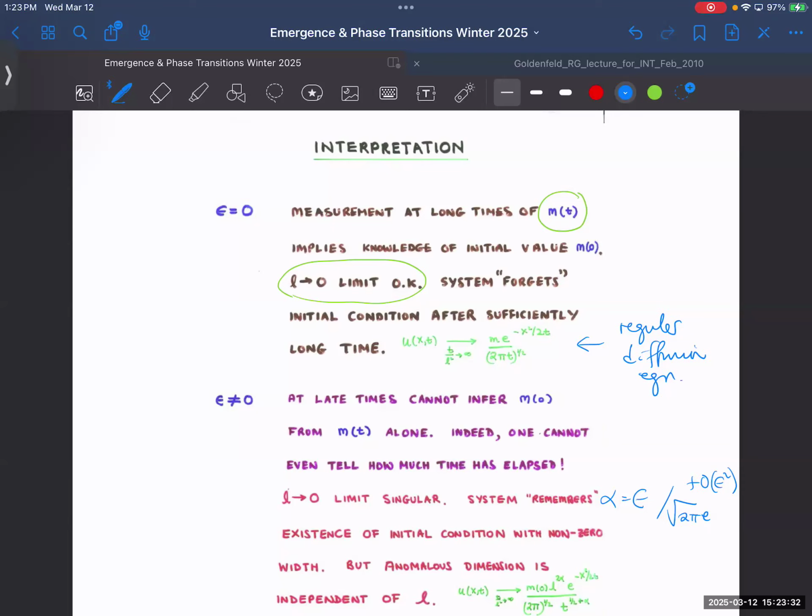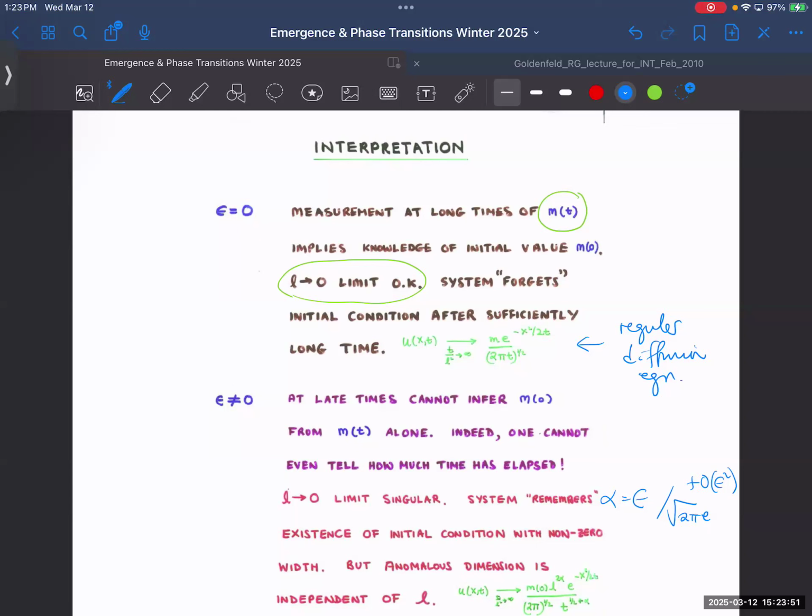Whereas in the original diffusion equation, it doesn't depend on M. Well, what happens is this. If I take the limit L goes to 0, my initial distribution does not go to a delta function.